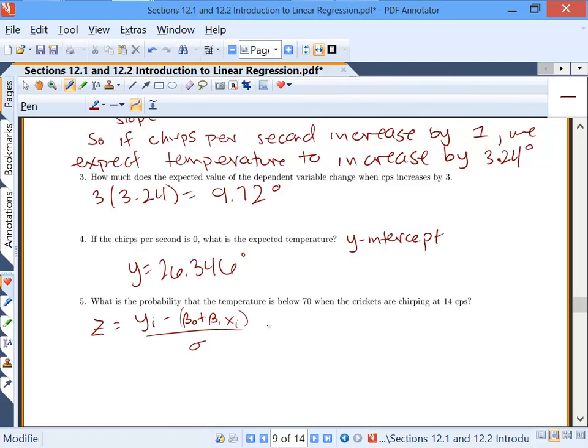For our situation, what is the specific y value that we're interested in? The 70. We want to know if it's below 70. Minus beta naught, 26.346, plus our slope 3.24 times our specific x value, which is 14 trips per second. All over the standard deviation, which is what?